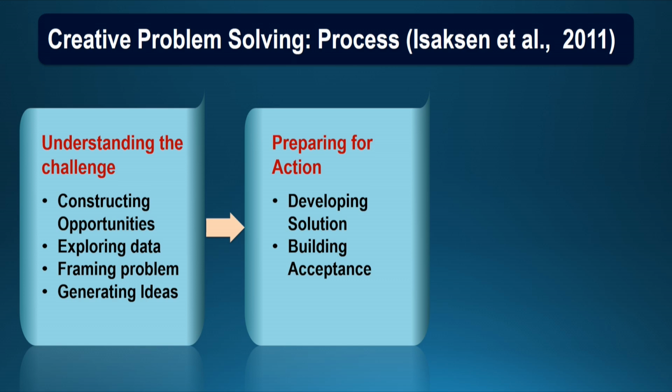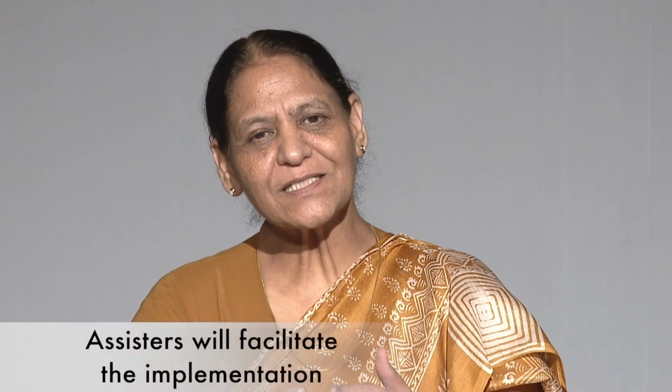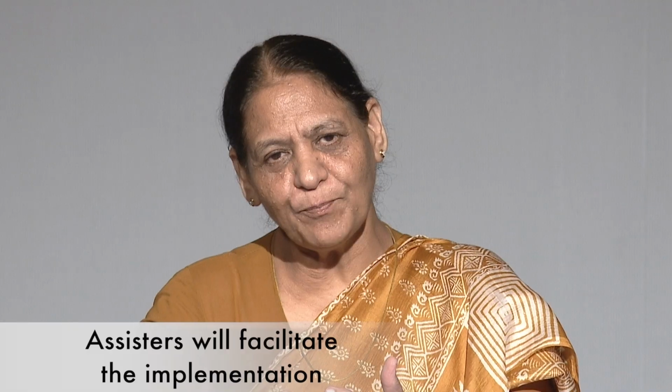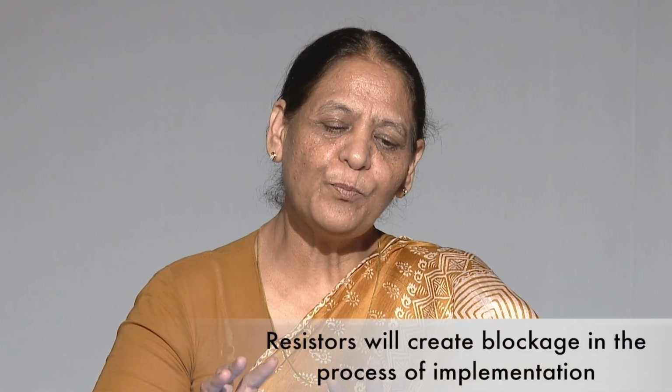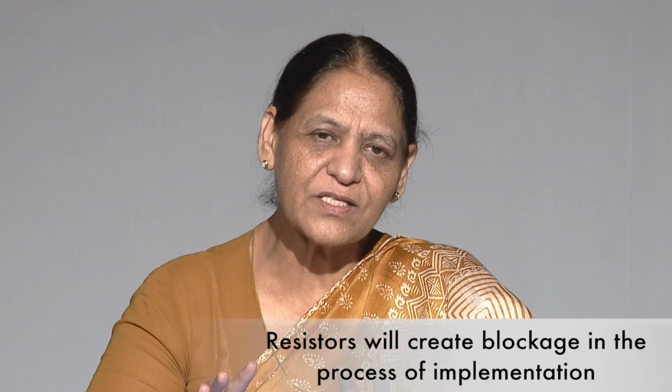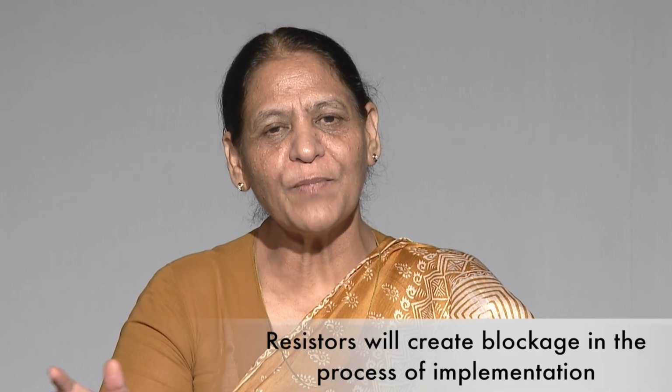So the organization needs to identify who are the assisters and who are going to be the resistors to the change or implementation of the new idea. Assisters will facilitate the implementation, while resistors will create blockage or hindrance in the process of implementation of the idea.